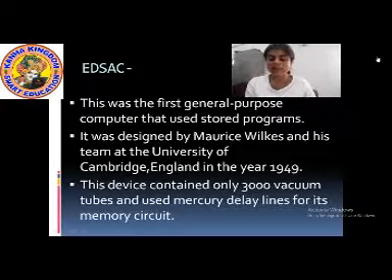This EDSAC was the first general purpose computer. This computer used stored programs. Whatever program we performed in this computer, it got stored in its circuitry or memory.